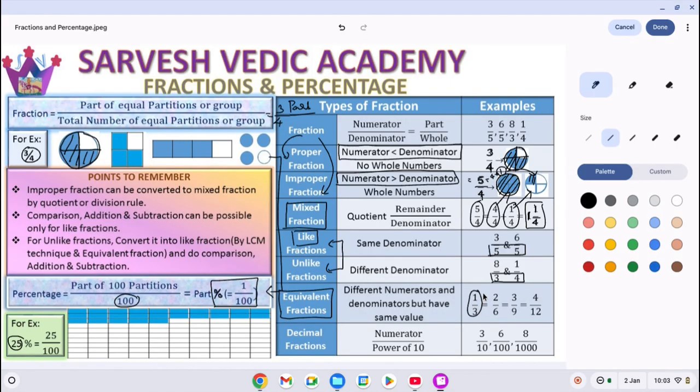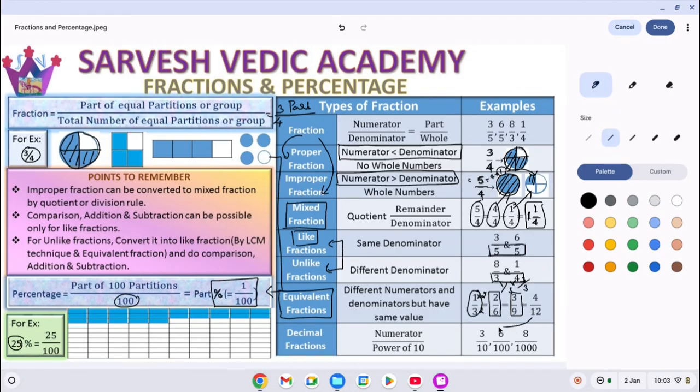If you multiply the numerator and denominator by 2 and 2, we get 1 times 2 is 2 and 3 times 2 is 6. So this is an equivalent fraction for 1 by 3. Likewise, if you multiply the numerator and denominator by 3, we get 1 times 3 is 3, 3 times 3 is 9. Likewise, if you multiply by 4 and 4 we can get 4 by 12. Likewise, we can find all the equivalent fractions.